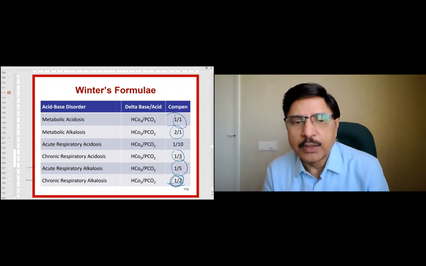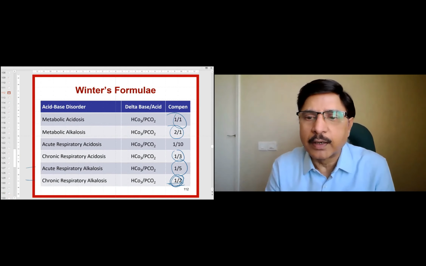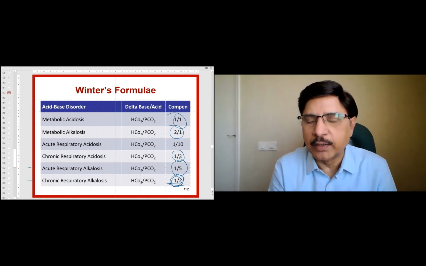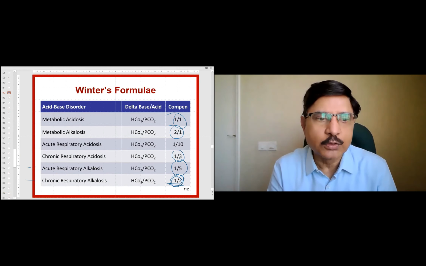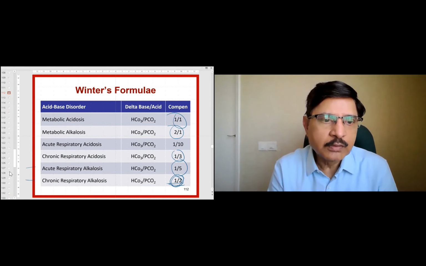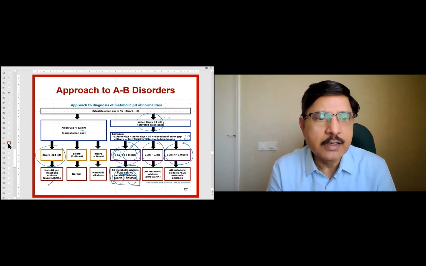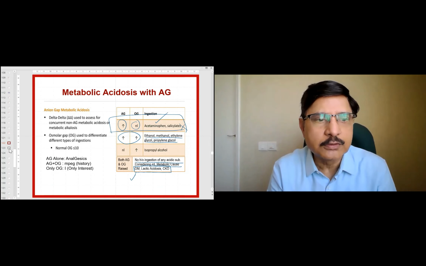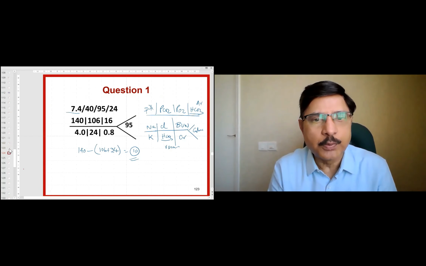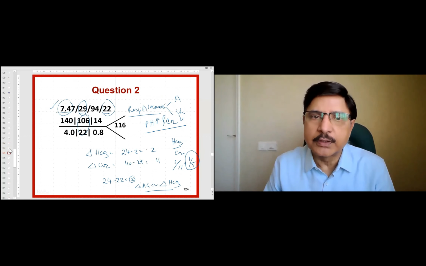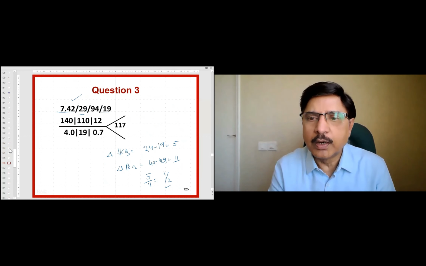So the other disorder is respiratory alkalosis. Chronic respiratory alkalosis is associated with that. It is unlikely to be salicylate because salicylates produce acute respiratory alkalosis. There could be some other reason. If you go into the history and physicals, you will be able to understand those things.